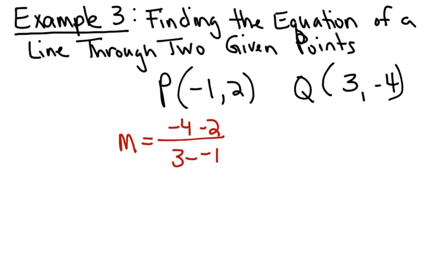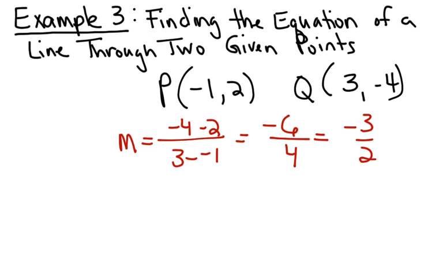So if I do negative 4 minus 2 in the numerator, I have to do 3 minus negative 1 in the denominator. So I get negative 6 over 4, which reduces to negative 3/2. So the slope is negative 3/2. If you're not sure if you did that right, you can graph the 2 points and see if the line goes up or down from left to right.